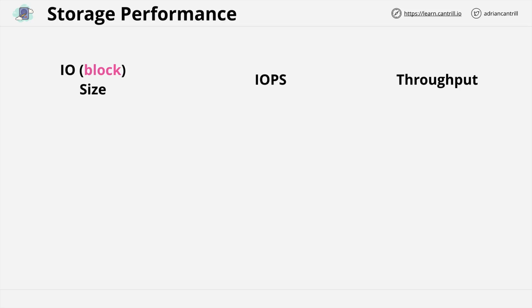In isolation, if you increase the size of the wheels or increase the revolutions of the engine, you would go faster. For storage, they're all related to each other. The possible throughput a storage system can achieve is the I/O or block size multiplied by the IOPS.